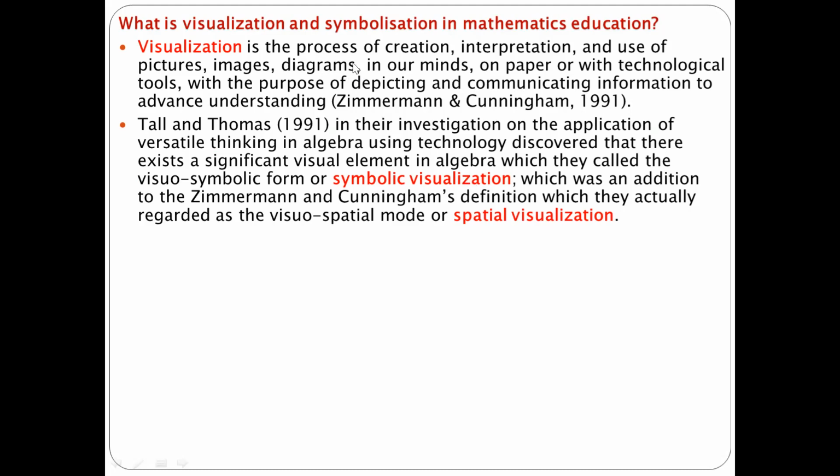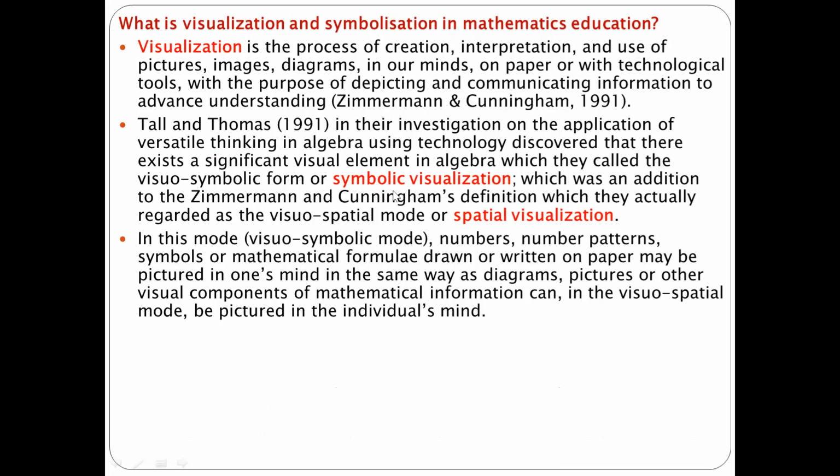So the definition of Zimmerman and Cunningham only refers to spatial visualization, whereas the symbolic visualization component is missing. So the two scholars extended or broadened the definition of visualization to include symbolic visualization.